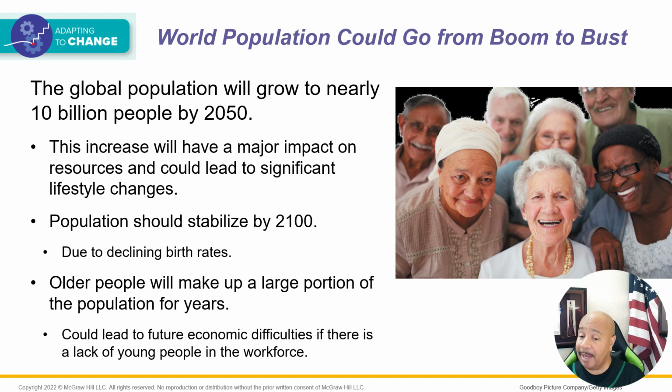Population should stabilize according to the labor statistics as well as global statistics by 2100 due to declining birth rates. Now, that's a key factor. If people are not having babies, then we're not going to have population growth. A good example of this is Japan. Japan right now is, I would say, 75% to 80% elderly. There's no new growth.